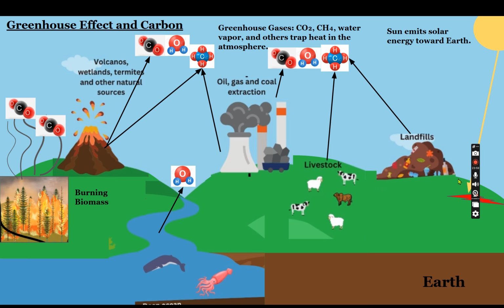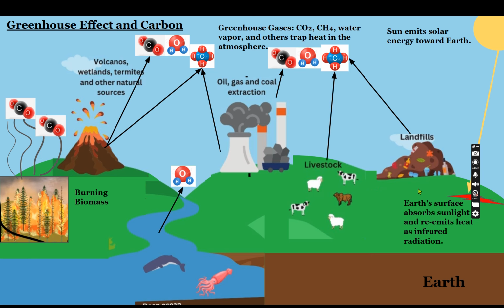The sun rays will travel towards the Earth, and they'll begin to be absorbed by the Earth in the form of heat. And so our Earth begins to warm up, and the Earth's surface will absorb all of the sunlight.